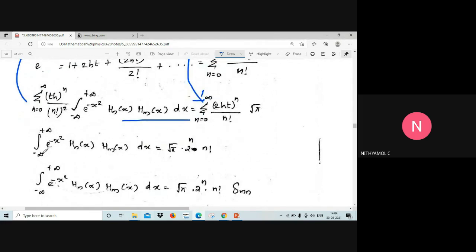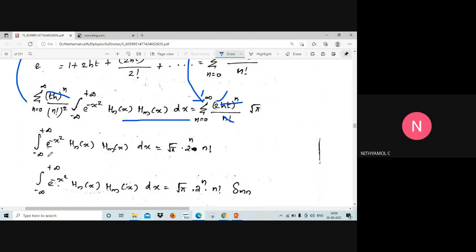Comparing, th raised to n is on both sides, and n factorial square on one side against n factorial on the other, so the balance is n factorial, and 2 raised to n is here.